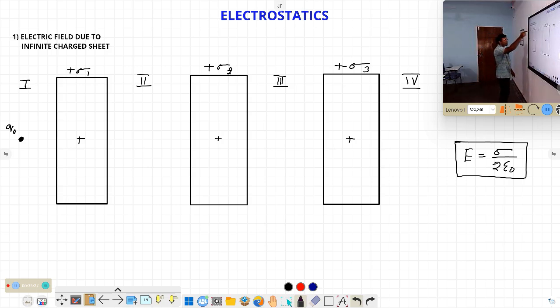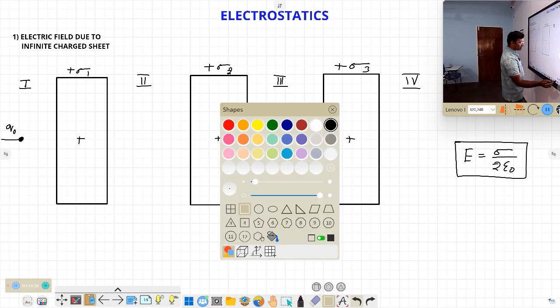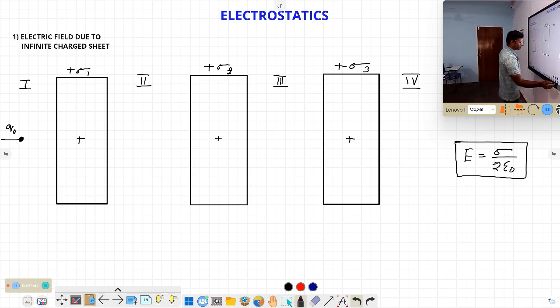This positively charged plate creates the electric field towards the left-hand side. This is the direction of the electric field due to the first charge density, rho 1, which I am writing as E1.